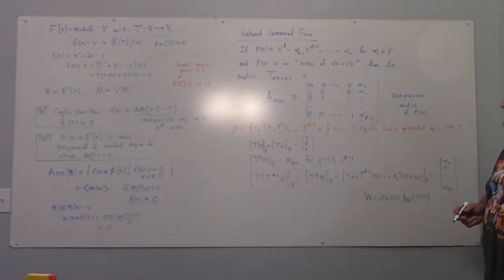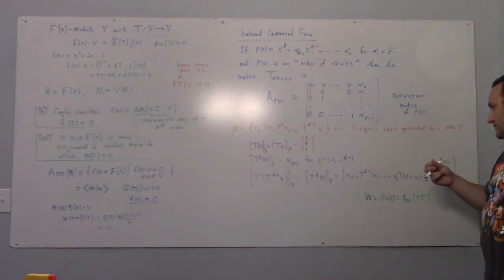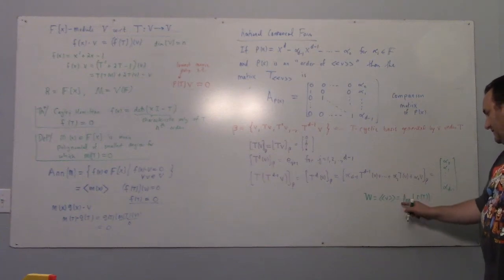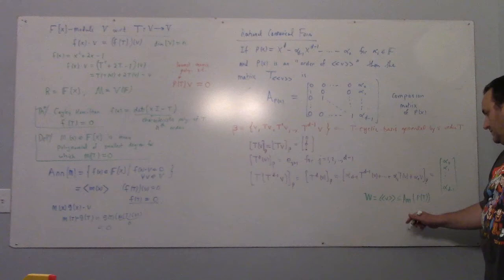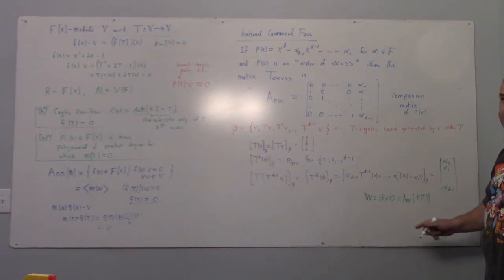There might be other things, maybe this is bigger than that, but anyway, that aside, this is definitely a subset of the annihilator. For sure, because this is everything in the vector space which P of T kills.